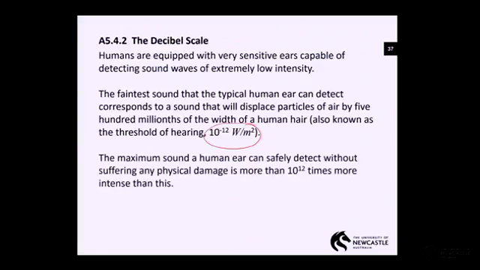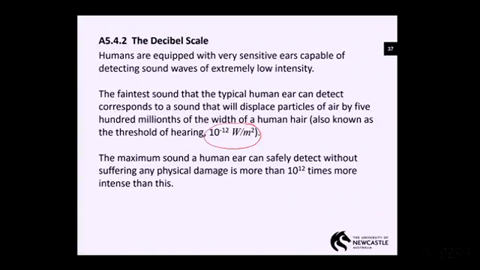See how it's got threshold of hearing? So it's got a TOH. Things will get compared to this threshold of hearing. So then it goes on to say the maximum sound a human ear can safely detect without suffering any physical damage is more than 10 to the 12 times more intense than that.